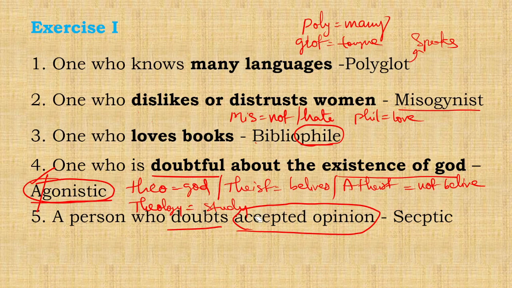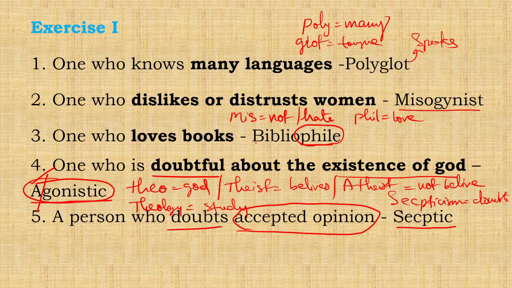That is an accepted belief. If somebody comes and doubts that opinion, that fellow is called a skeptic. Let me tell you one more word, skepticism. Skepticism is the mania of doubt. One who is very doubtful, always doubtful minded. A skeptic is a person who doubts.